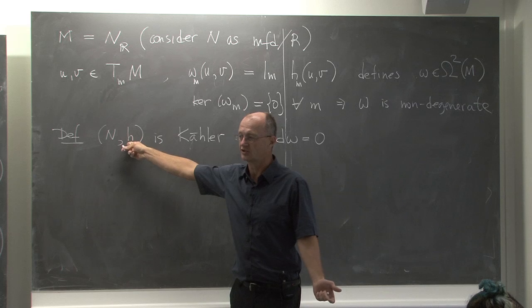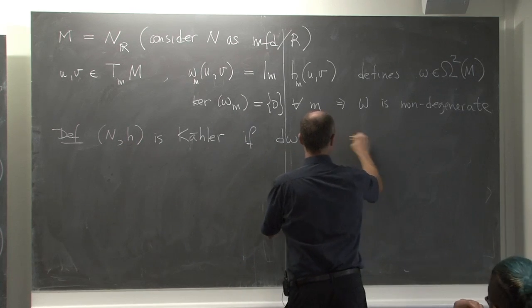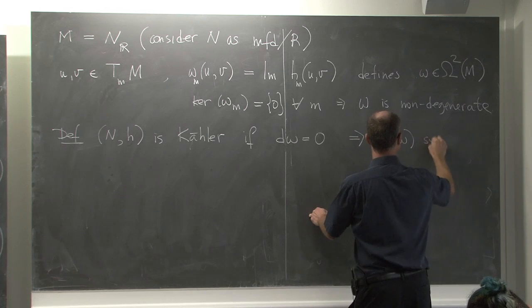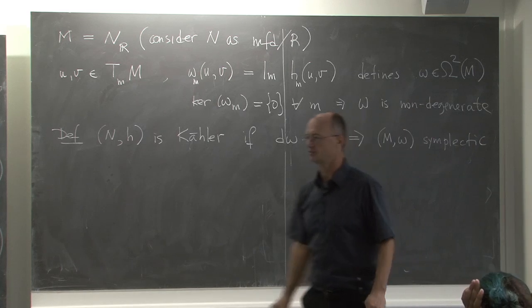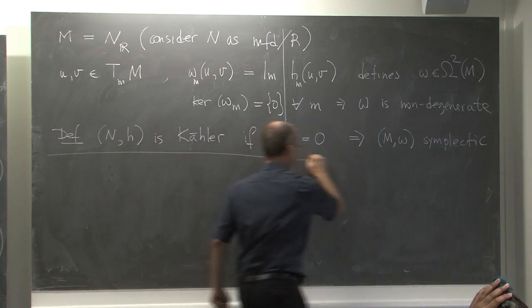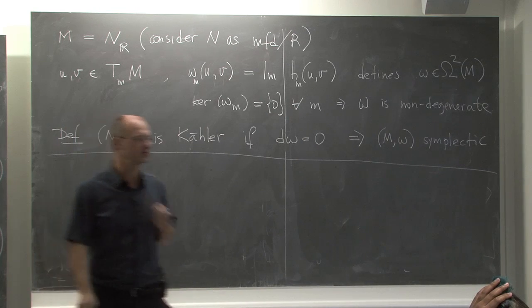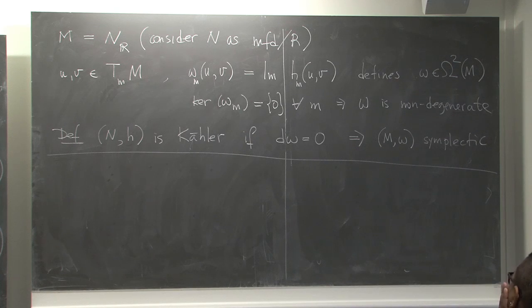That is, we impose it on h in some way. Of course, this implies that (M, omega) is symplectic. So this is one more source of symplectic manifolds, and let me give you a couple of examples.